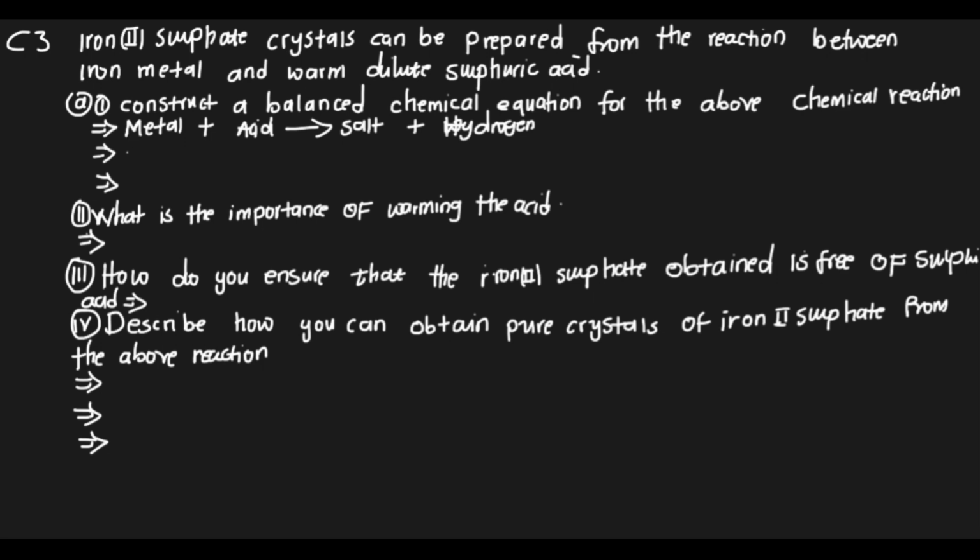The metal is iron, plus the acid is sulfuric acid. The salt here we have been given is iron sulfate. So from the sulfuric acid we get sulfate, plus the hydrogen gas.